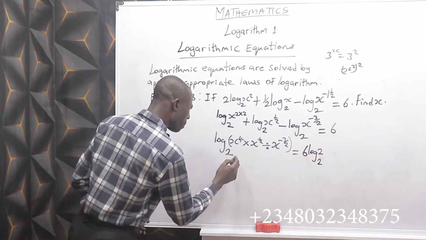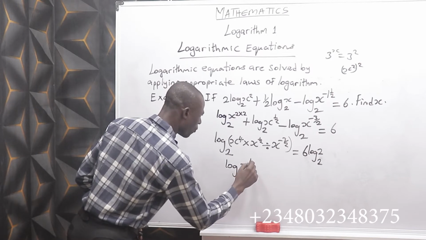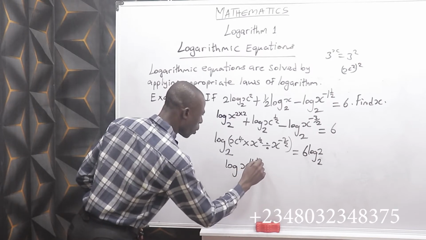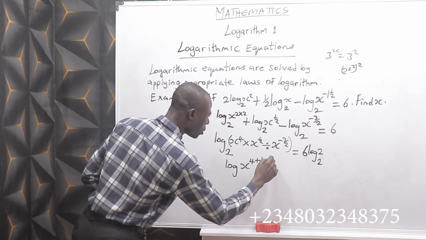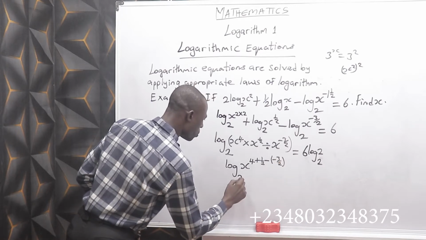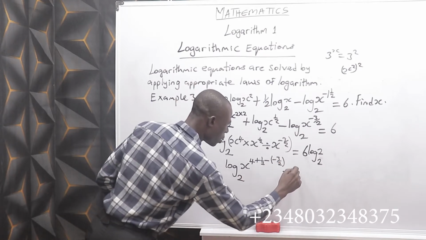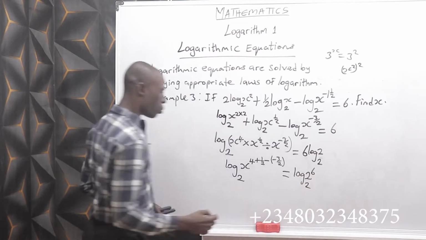So which will be log x raised to power 4 plus half minus 3 over 2 base 2 equals log 2 raised to power 6 base 2.